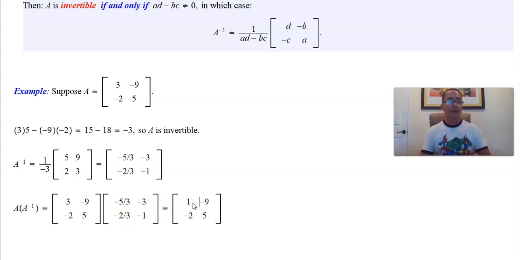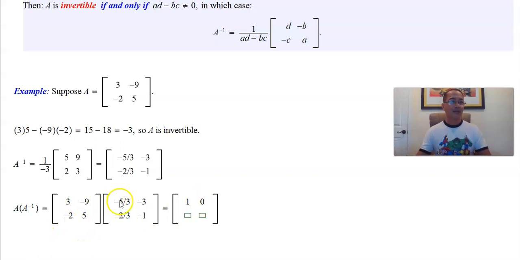Yay! What about the other entries? Same row, second column. 3 times negative 3, negative 9. Ooh, negative 9 times negative 9, positive 9. Negative 9 plus positive 9, 0.